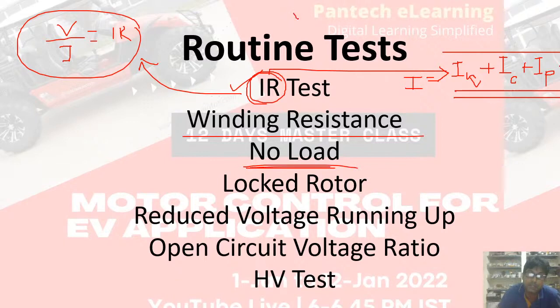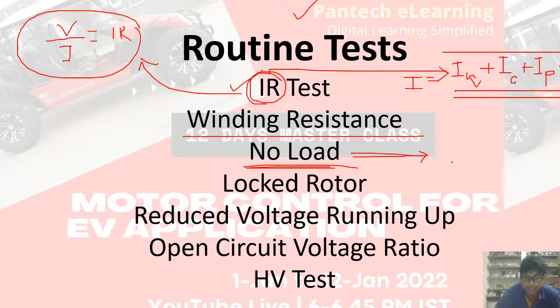As I told, it's a routine test, so it is to be done on each and every machine. No load means your motor shaft is not coupled with any load, and we have to see the condition of the machine. I'll discuss each test individually, with its procedure and acceptance criteria.